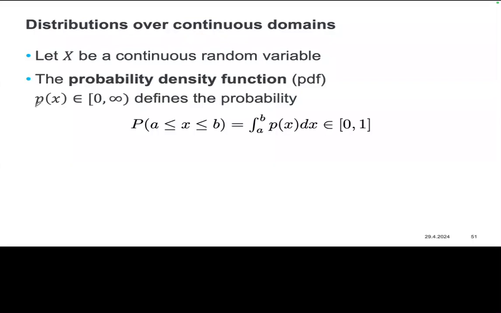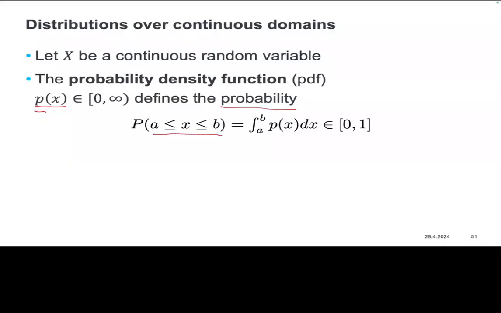So the probability density function, which is described with a lowercase p, in contrast to the probability which is described with an uppercase P, is used to define the probability in intervals.